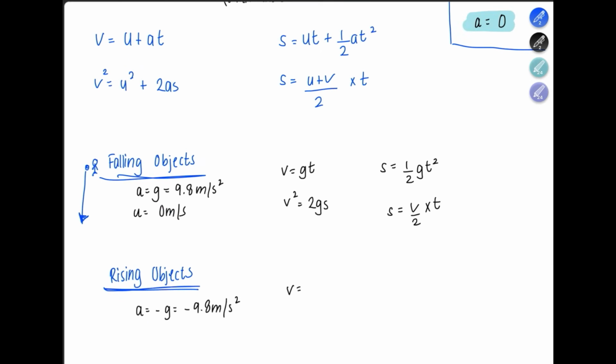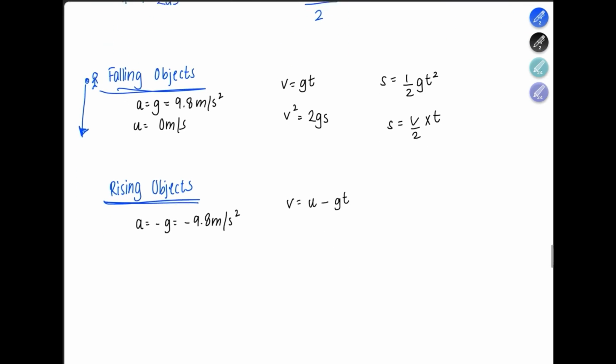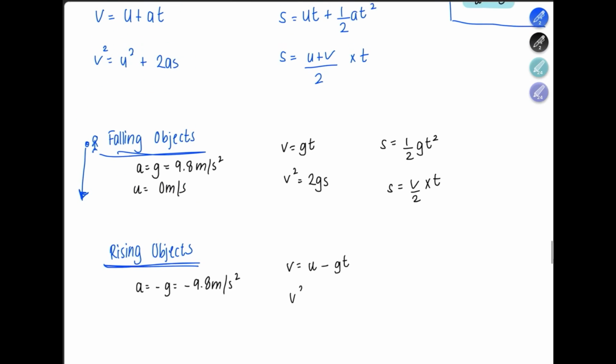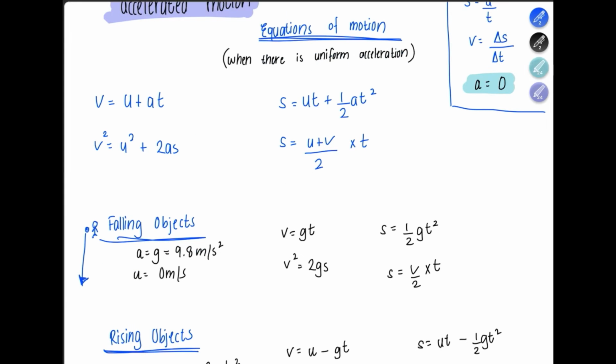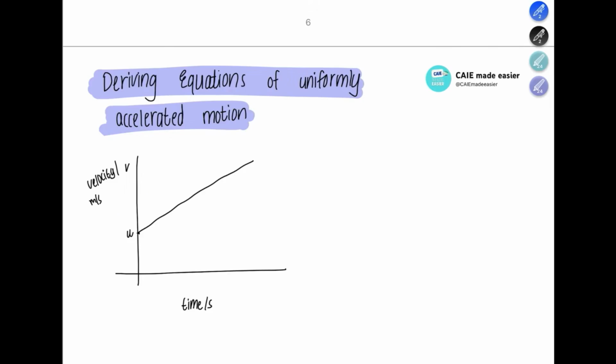So v equals u minus gt, v square equals u square minus 2gs, s equals ut minus half gt square, and s equals u plus v divided by 2 multiplied by time. Memorize these big four equations and you will be able to solve most of the kinematics questions.